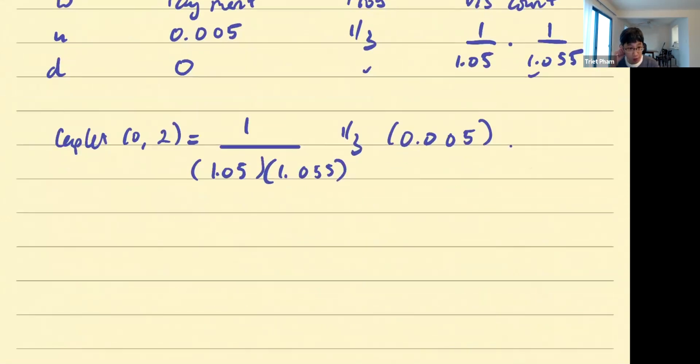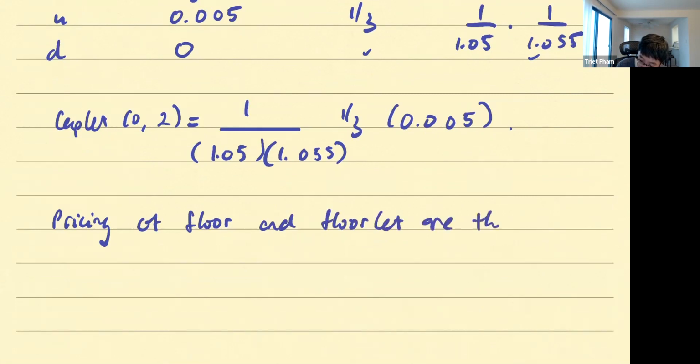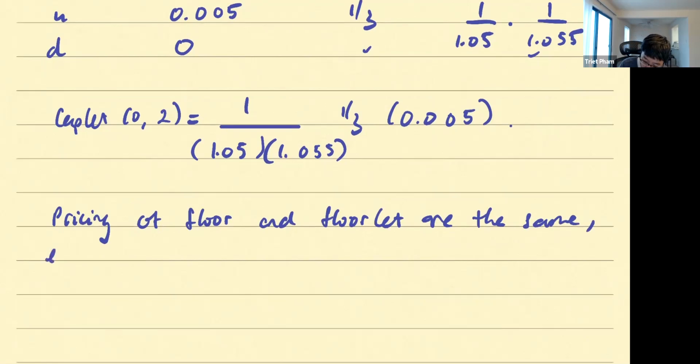Okay, so pretty straightforward, right? The only thing to remember is the caplet and the cap, with the series of payments. So pricing of floorlet and floor are the same, except you want to remember that the cap is the call option and the floor is the put option.